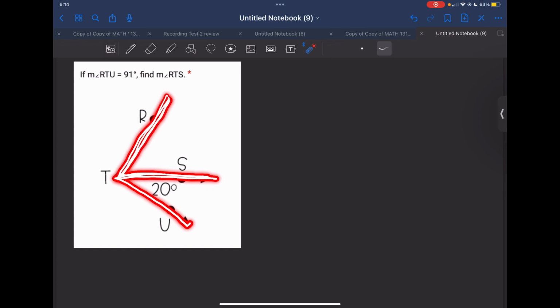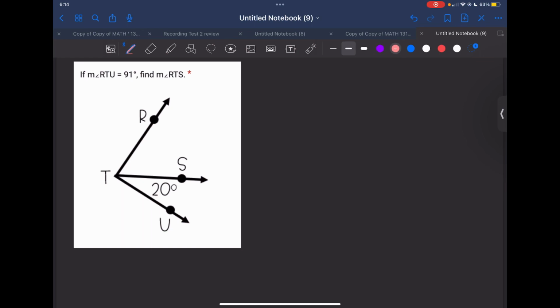So it's given you the measure of this angle STU. Let's say the measure of angle RTU equals 91 degrees. I'm writing down what I know.